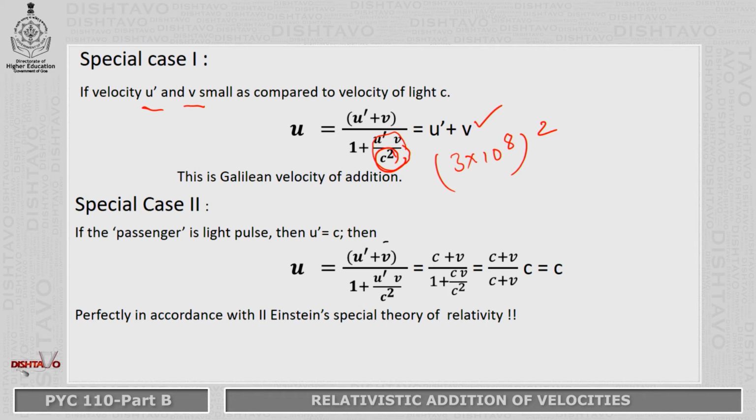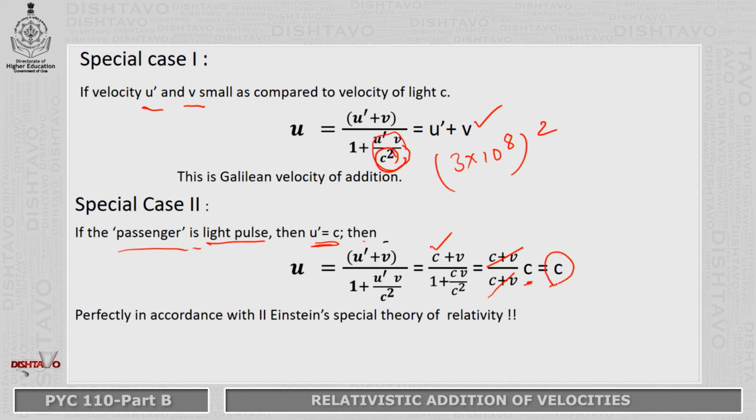Now, if the passenger is a light pulse, then I have to replace u prime by c. So, I will get c plus v divided by 1 plus c v by c square. I can simplify this, and I will get c plus v in both numerator and denominator, which cancel.